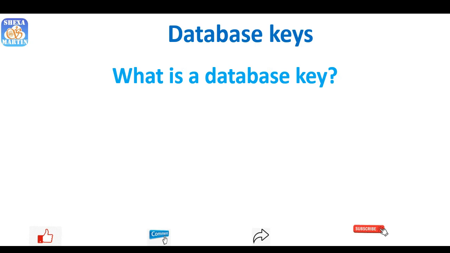There are two things: the table itself and the database as a whole. A key plays a role for a table, or a relation, or an entity, and it also plays a critical role for the relational database.